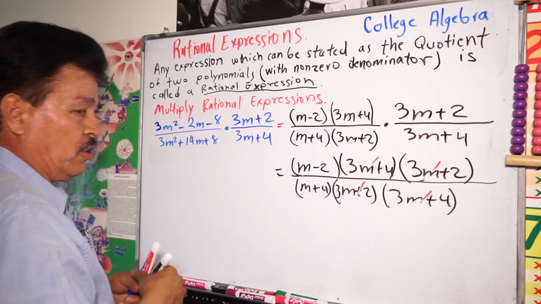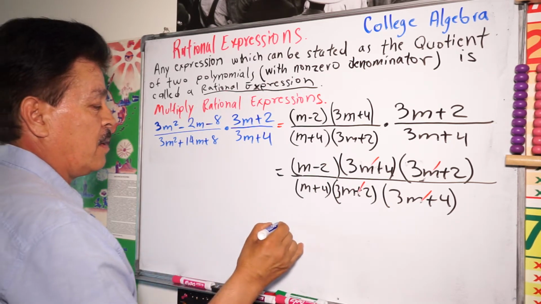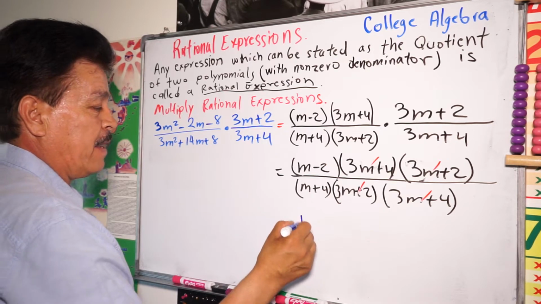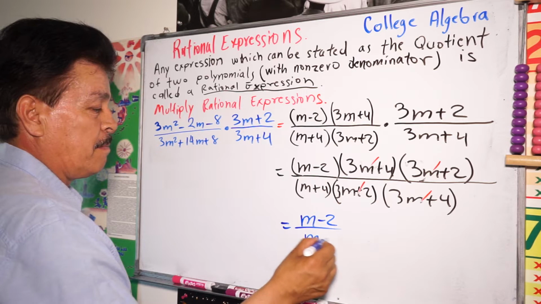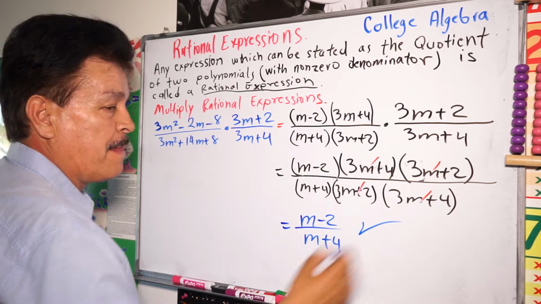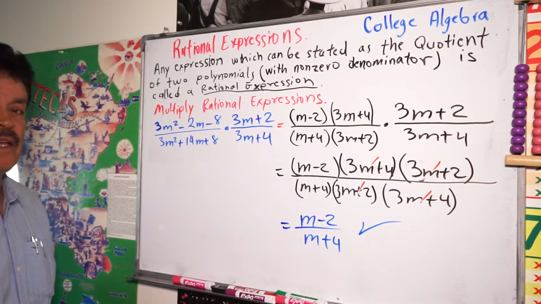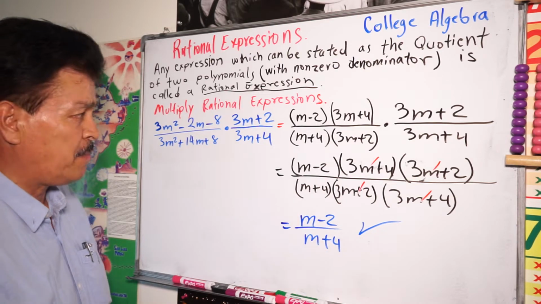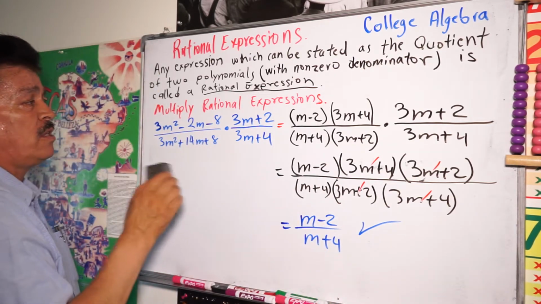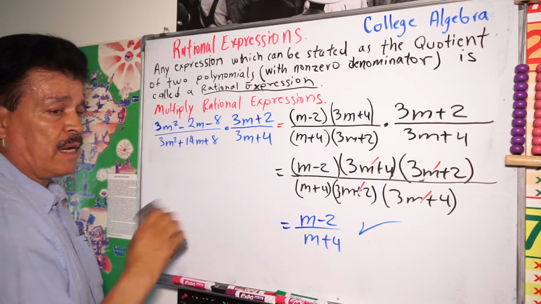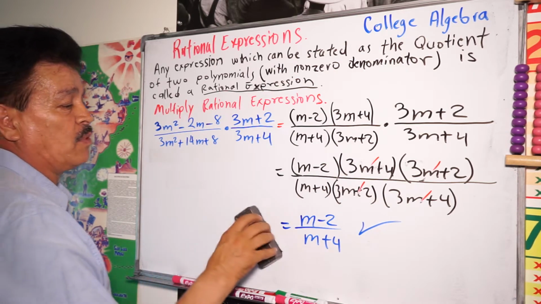The conclusion will be m minus 2 divided by m plus 4. That's the answer. That's one example of how to multiply rational expressions. This is one example. Let me go now to how to divide rational expressions.